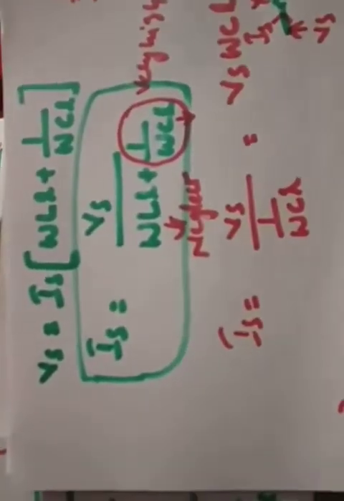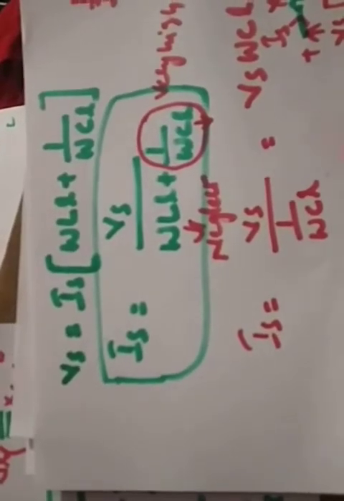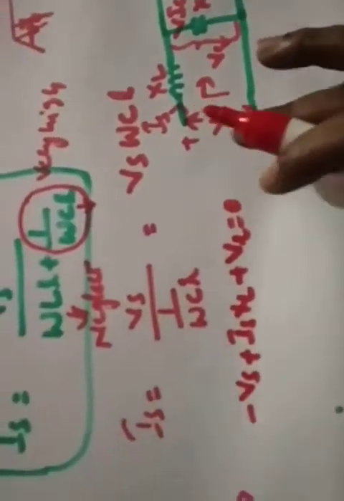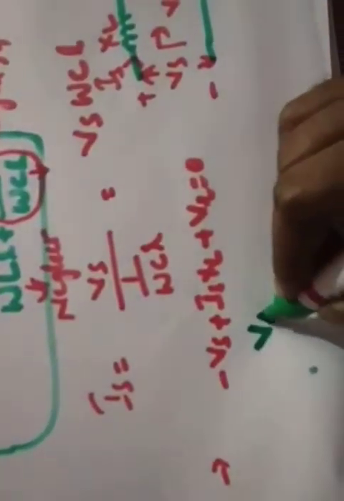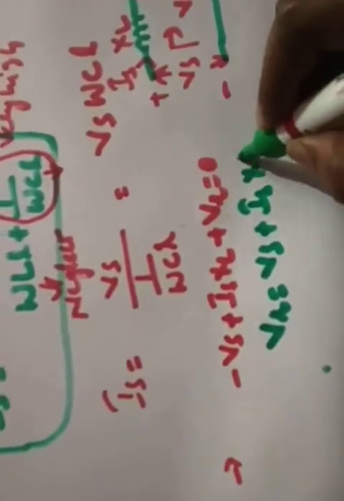Again apply the loop. This is a current loop. Apply the loop. You will get minus Vs plus Is XL plus VR is equal to 0. Nothing is there. Minus Vs plus Is XL plus whatever the voltage here, VR, is equal to 0. So from this you will write that VR is equal to Vs plus Is XL.